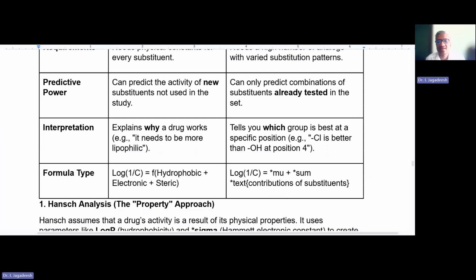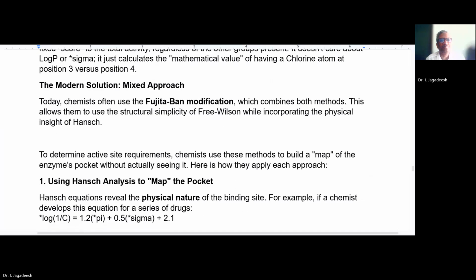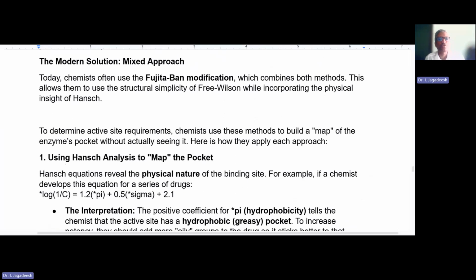In the case of Free-Wilson analysis, we have a mu and the sum of the contributions of the substituents to the biological activity we are studying in the lab. There is also a mixed approach suggested nowadays, the Fujita-Ban modification, which combines both approaches.